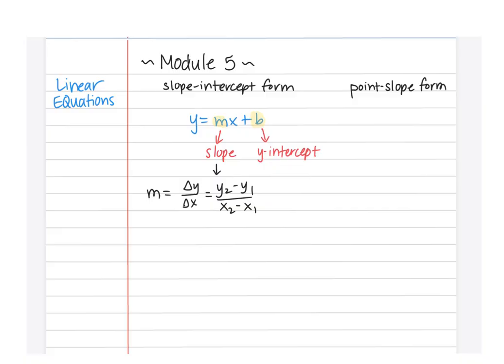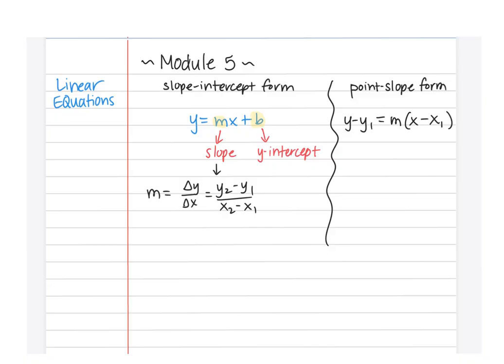Okay, then the other form of a linear equation that we learned was point-slope form. This is useful when you have a point and the slope, which is pretty convenient. So point-slope form looks like this. We have y minus y1 equals m times x minus x1.